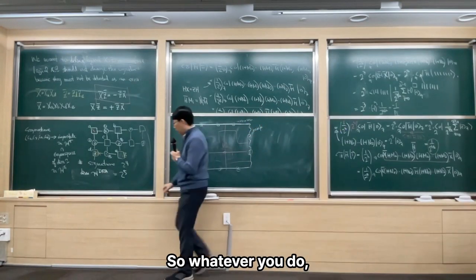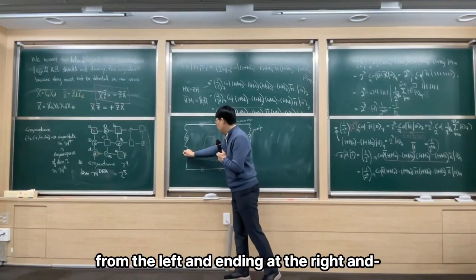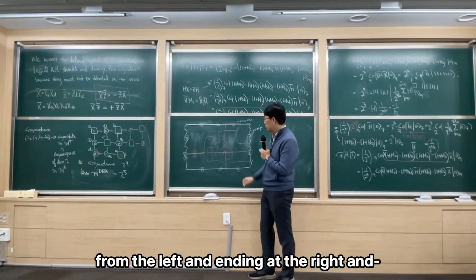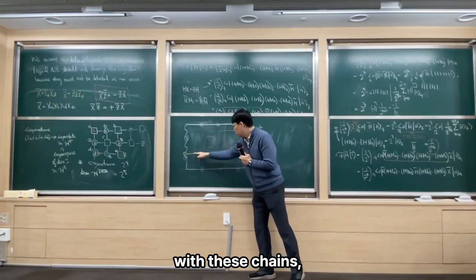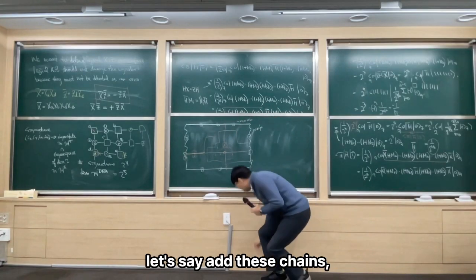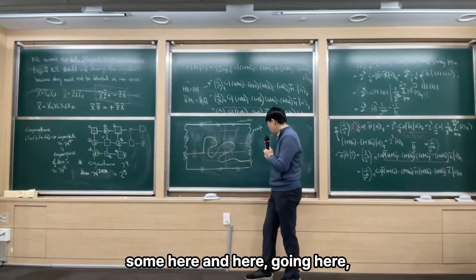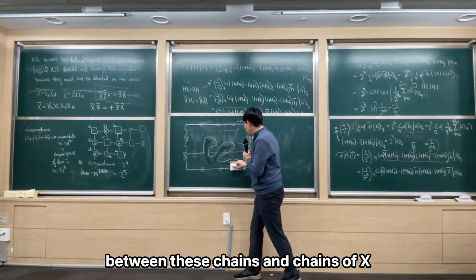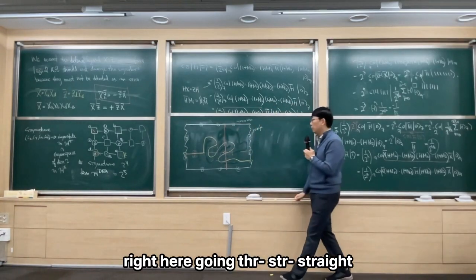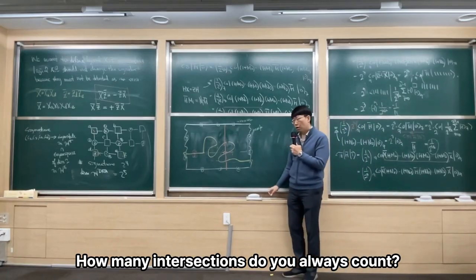So whatever you do, if your Z chain is starting from the left and ending at the right, and you take the intersection between these chains and the chains of X going straight through the top to bottom, how many intersections do you always count?